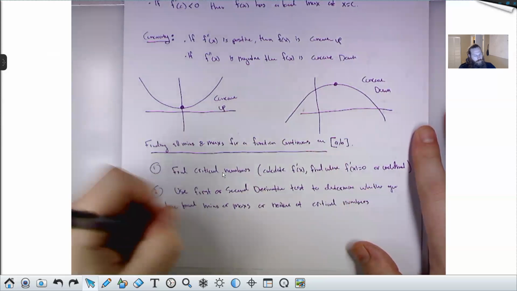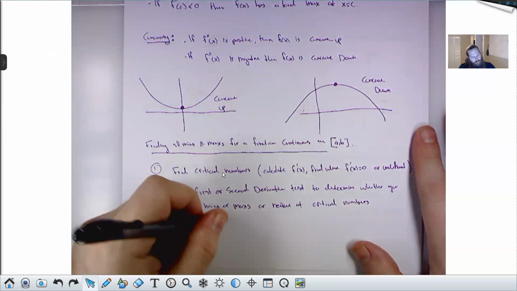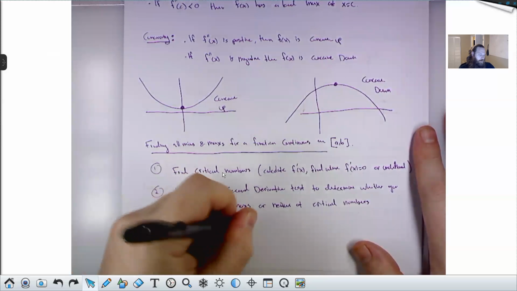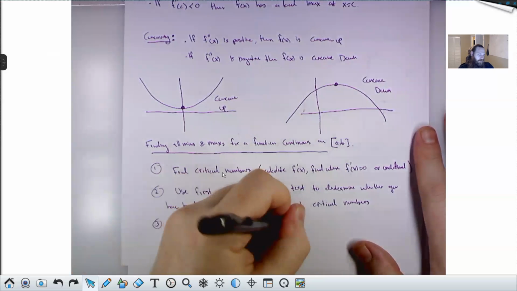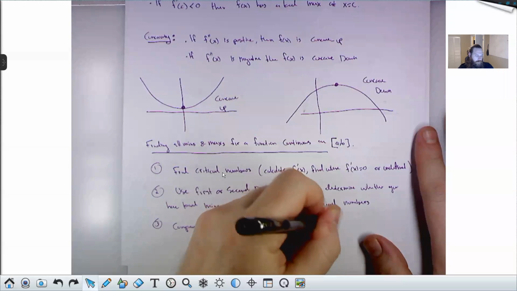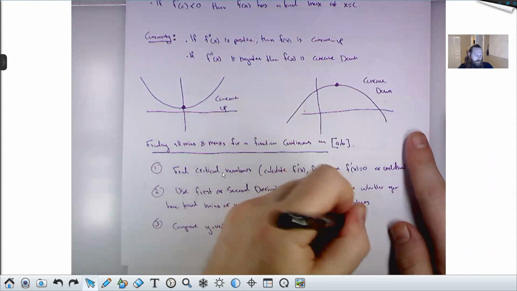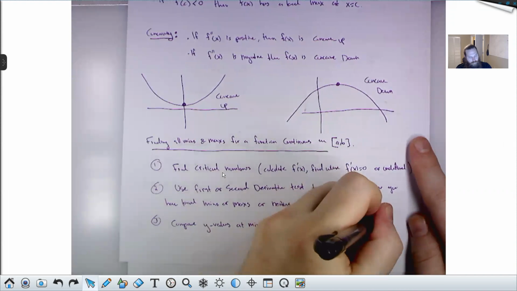And then third, you want to compare the y values at the mins and maxes with f of a and f of b, the y values at the endpoints.